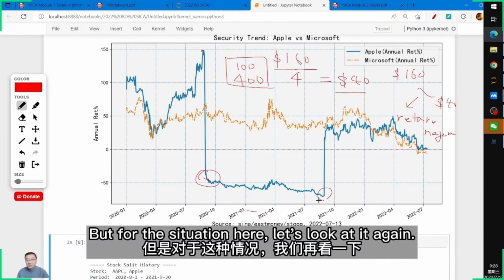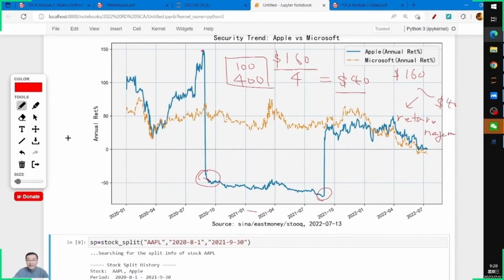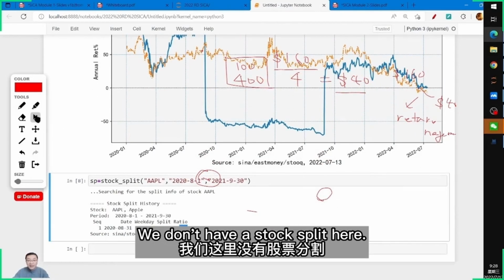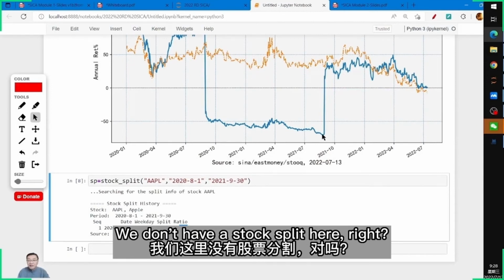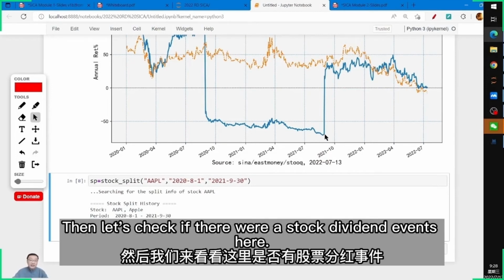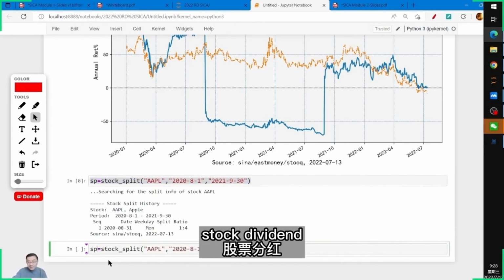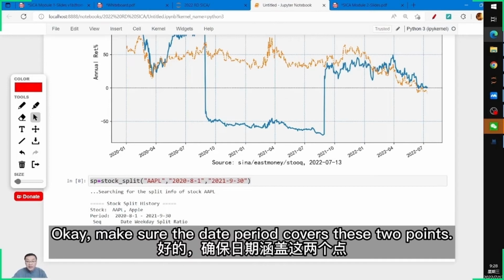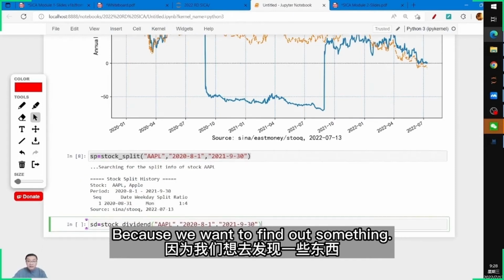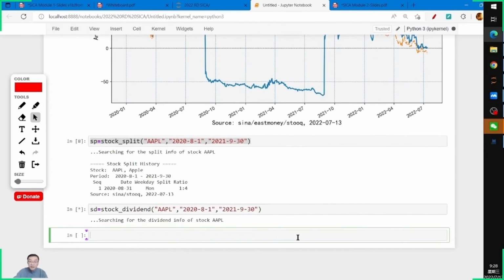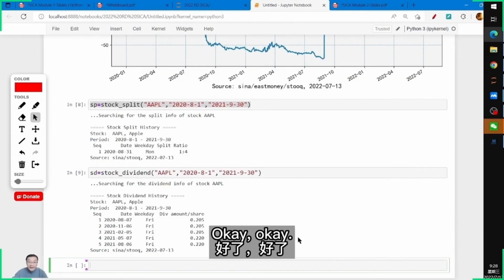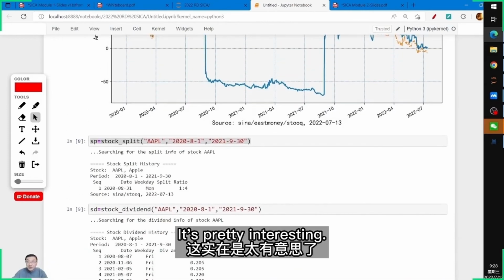But for the situation here, let's look again. We don't have a stock split here. Right? Then let's check if there was a stock dividend event here. Stock dividend. Okay, make sure the date period covers these 2 points, because we want to find out what happens during this period. It's pretty interesting.